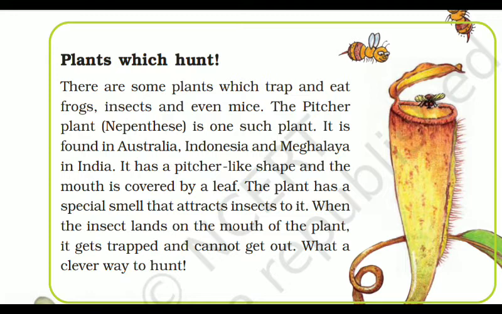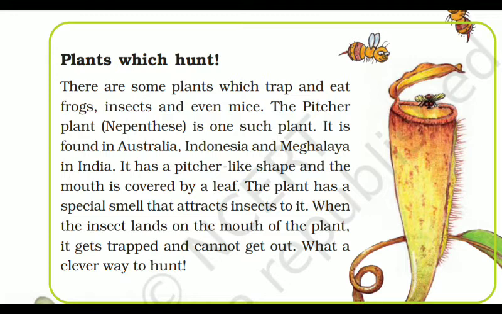Pitcher plant is one example. Such plants trap and eat frogs, insects, and even mice, like animals do, in order to get the required nutrients for the proper development of the plant. In higher classes you will be learning about heterotrophic plants, in which insectivorous plants are one type, and the pitcher plant is an example of an insectivorous plant.